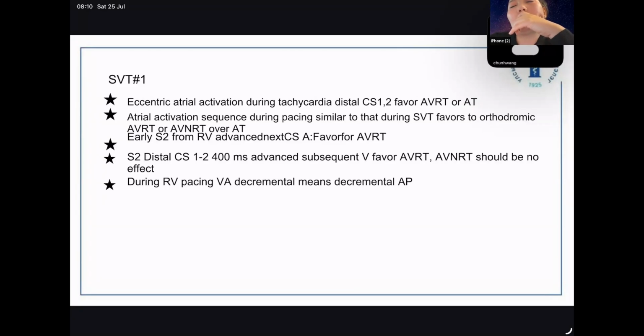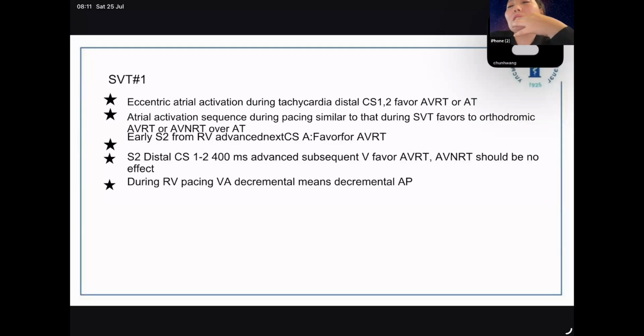If it is eccentric with left extension, but the usual atrial activation site is the proximal coronary sinus, or near the coronary os. Then the atrial activation sequence during pacing is similar to that during the supraventricular tachycardia, which helps us diagnose orthodromic AVRT or AVNRT, but it can help us exclude the AT.